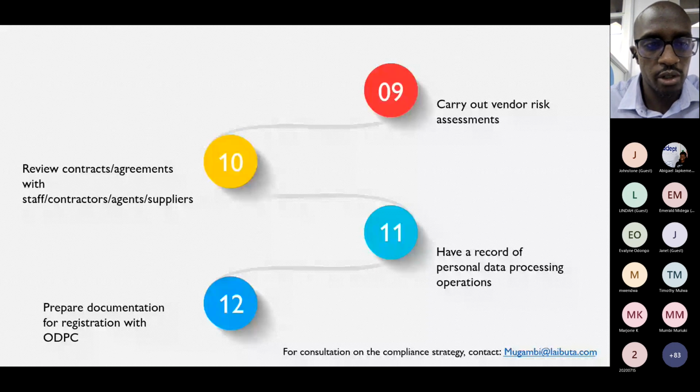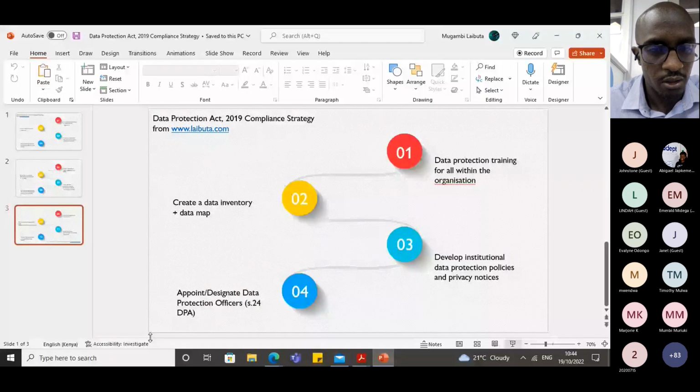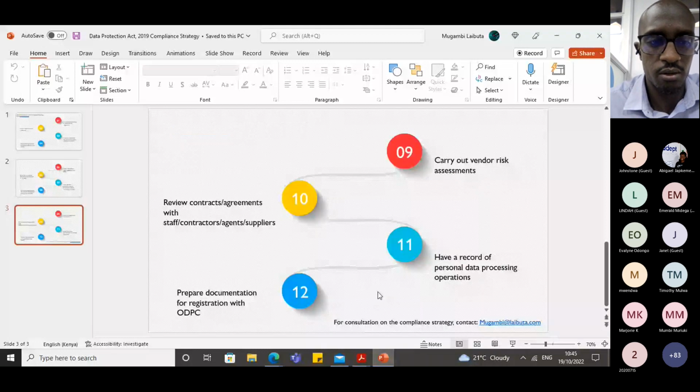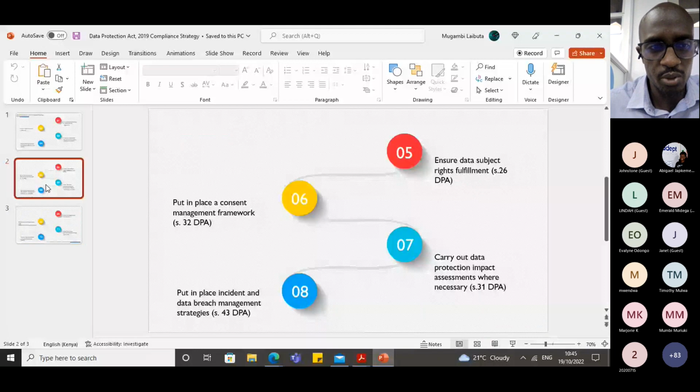Hi, Laibuta. Sorry to interrupt. If you could minimize, it's currently showing number 11. You could maybe minimize so that we can see the whole presentation. I actually didn't change anything. It's showing 2, 3, and 4. It's 10, 11, 12. So you can speak through 9, but we can't see number 9.